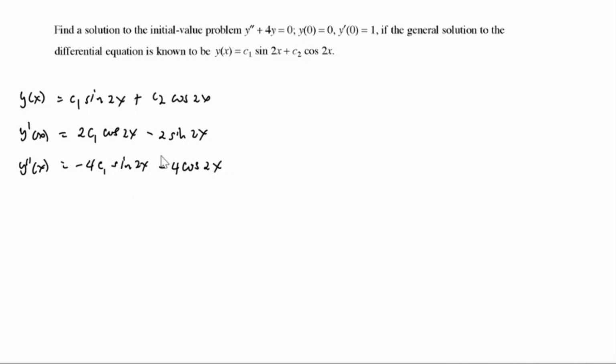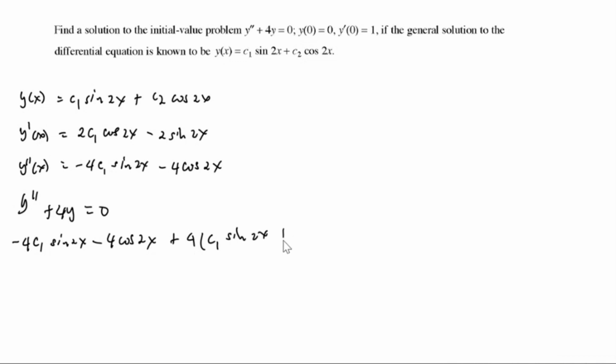Now let us substitute that into the equation y double prime plus 4y is equal to 0. So y double prime means negative 4 c sub 1 of sine 2x minus 4 c sub 2 cosine of 2x, plus the second term, which is 4y. So 4 times the value of y, which is c sub 1 of sine 2x plus c sub 2 of cosine 2x, is equal to 0.